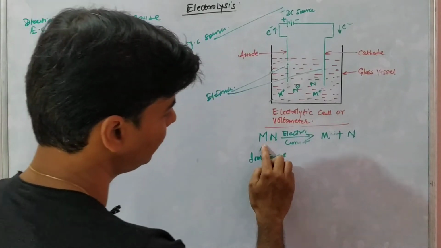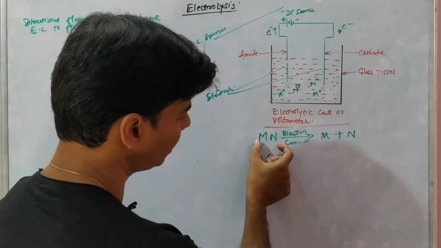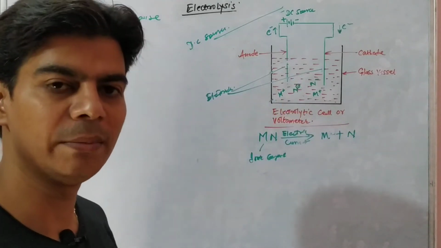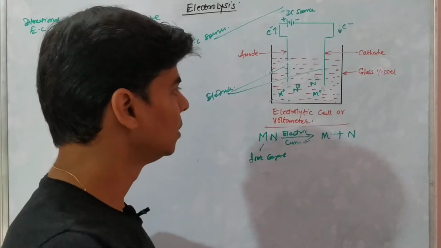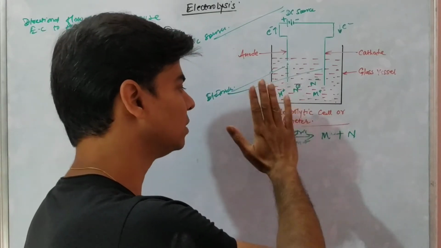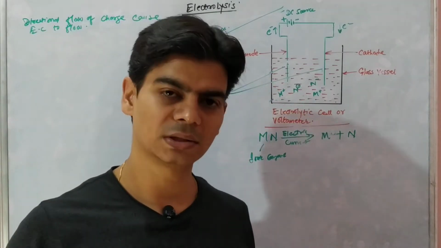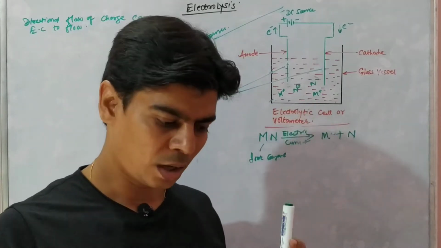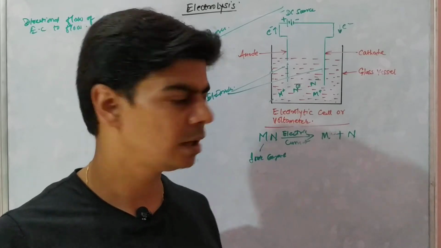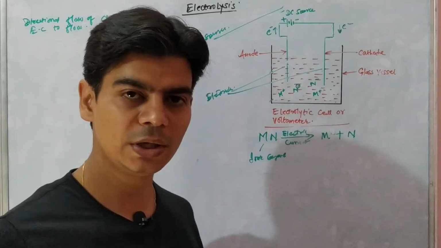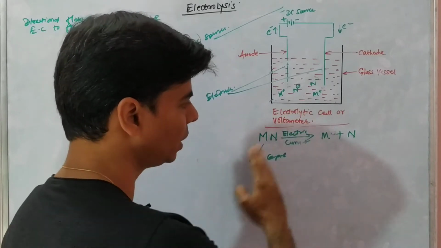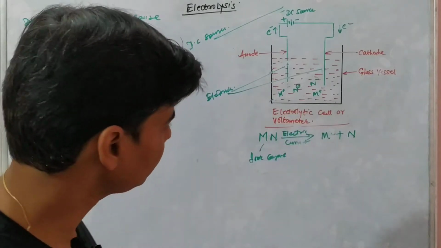This would be the final chemical reaction wherein this compound will break to give M and N. The electrolyte just consists of these mobile ions. Now we'll see how these mobile ions will allow electric current to pass through it and will cause decomposition of this ionic compound into these products.